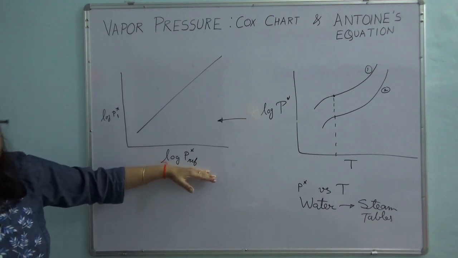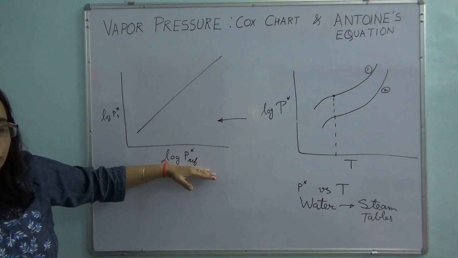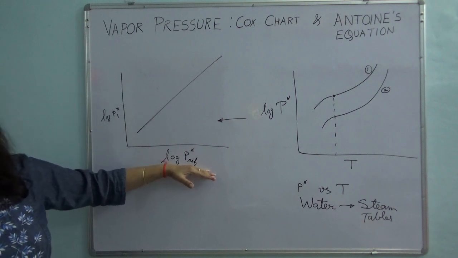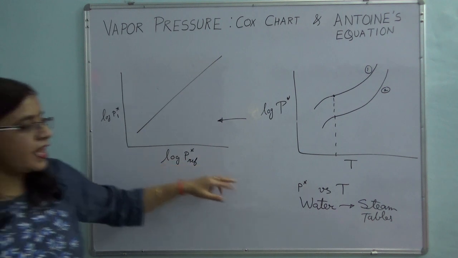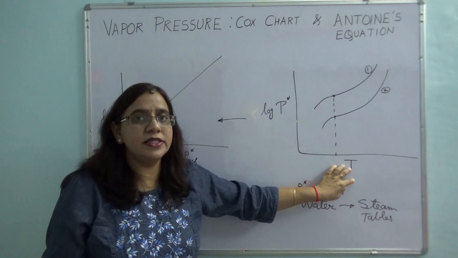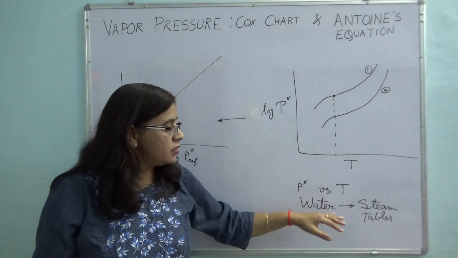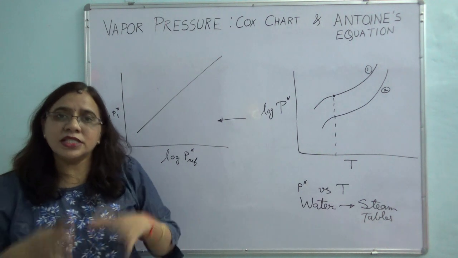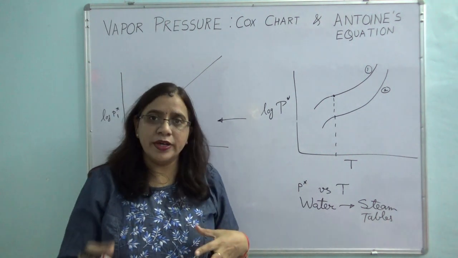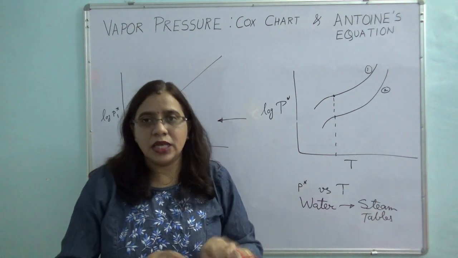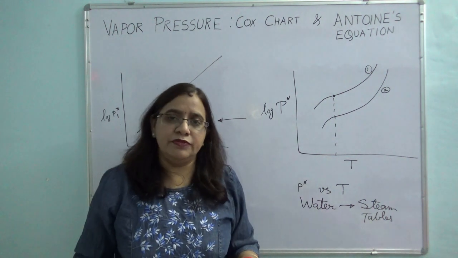what we are doing is that instead of species 2, we are taking some reference substance for which we have extensive data available for vapor pressure against temperature. One such substance is water, for which steam tables are available. If you have not seen them till now, you can just type steam table in Google and it will open for you.